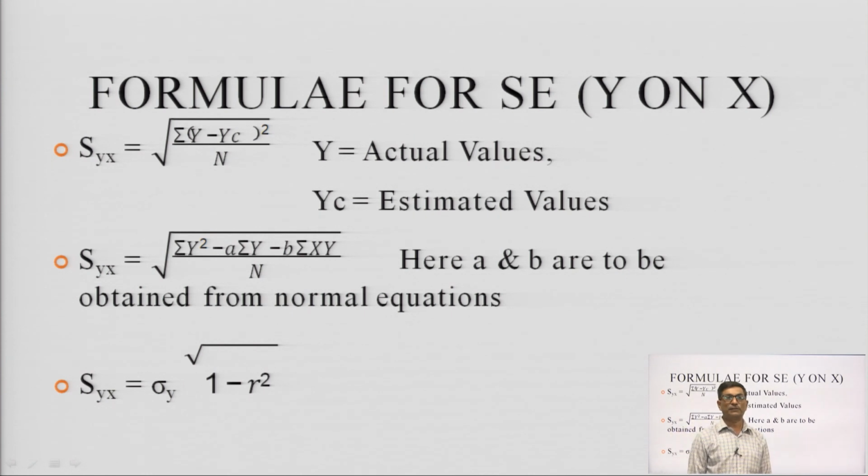The third and simplest formula to calculate standard error of estimate is s y x equals sigma y times square root of 1 minus r square, where sigma y is the standard deviation of the variable y and r is the correlation coefficient.